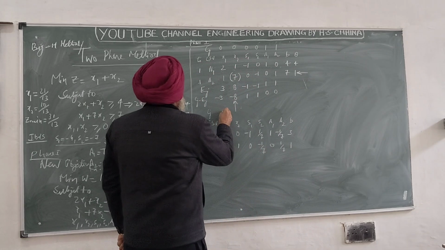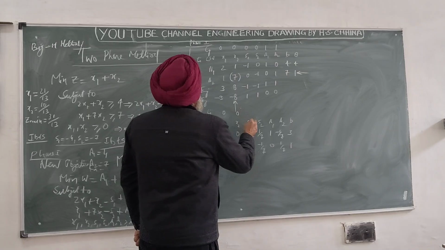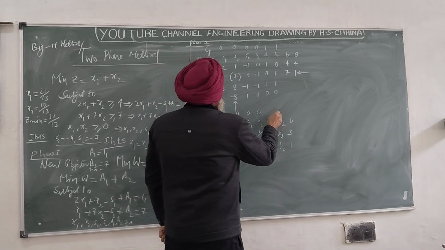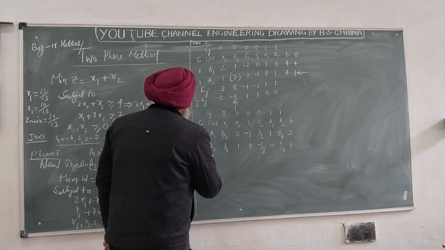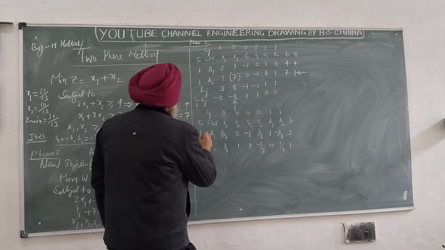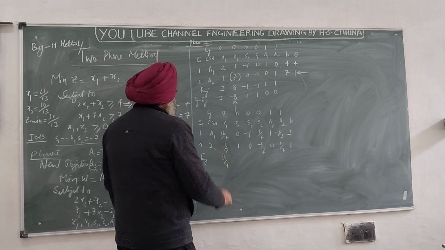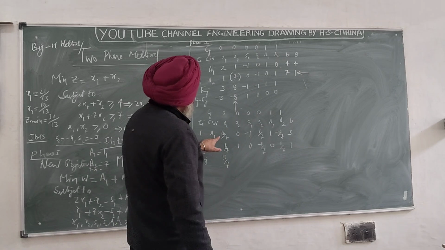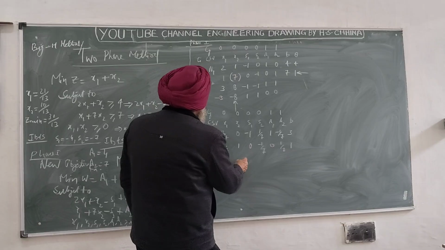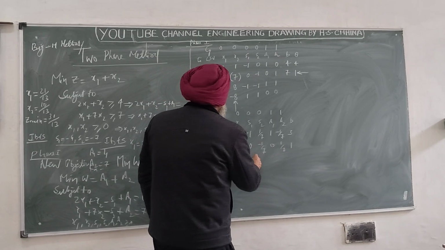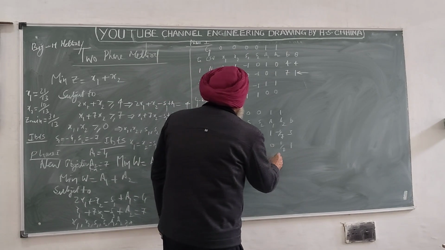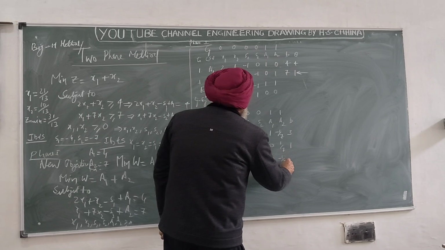Again this is Cj: 0, 0, 0, 0, 1, 1. Calculate Ej again. Look at the first row and multiply: 1 into 13 by 7, 13 by 7, 1 into 0, 0, minus 1, 1 by 7, 0, minus 1 by 7.